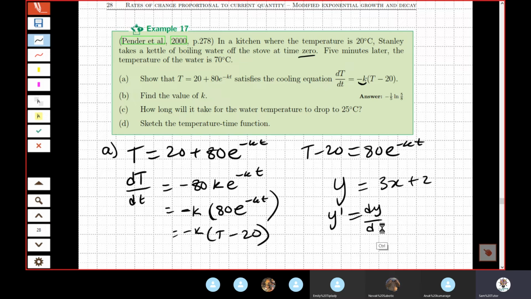Once it comes to application questions like these, the problem is T dash kind of means dT on dx, which is obviously wrong. It's meant to be with respect to time.